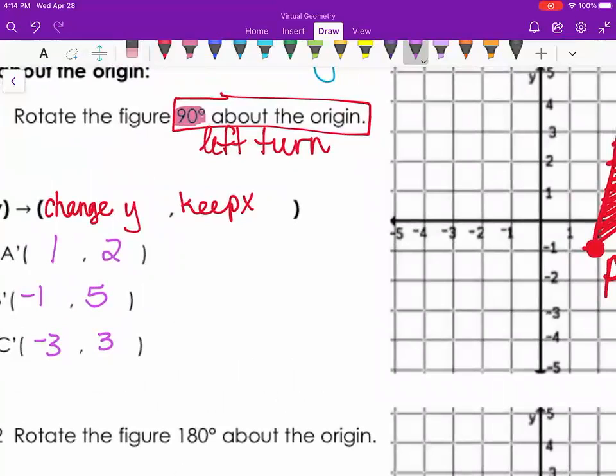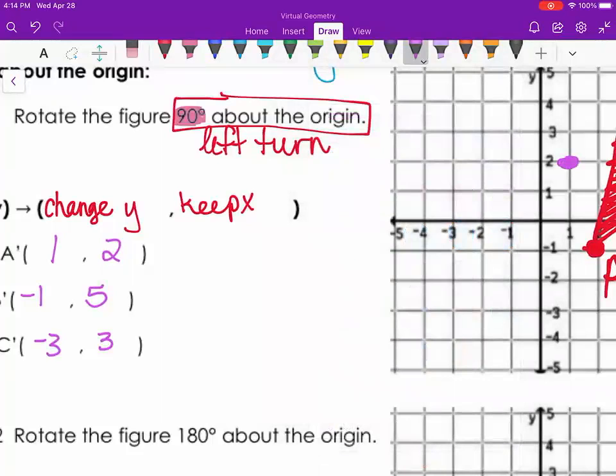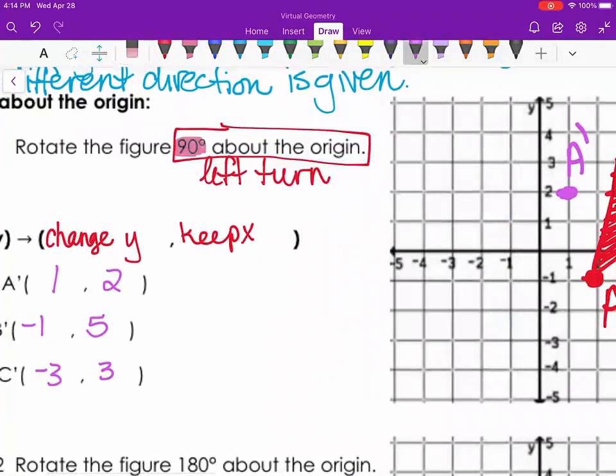The first point we have, A prime, is at (1, 2). B prime is at (-1, 5). And C is at (-3, 3). So there's C prime.